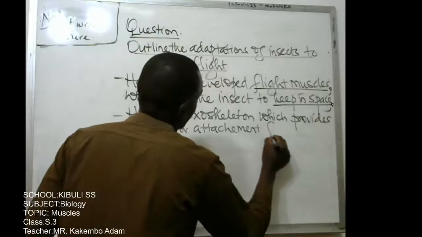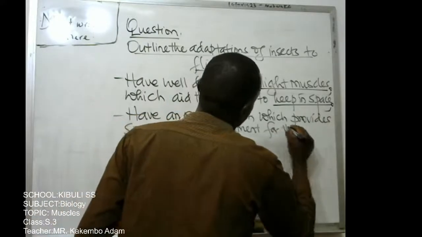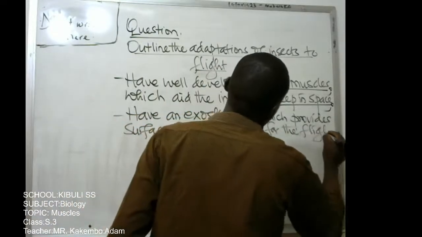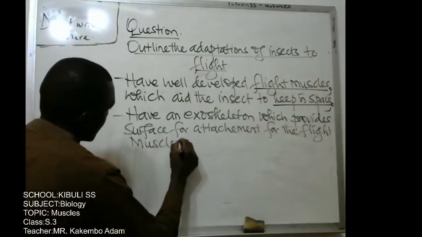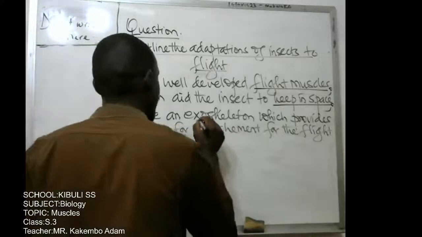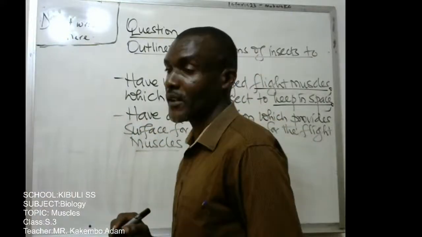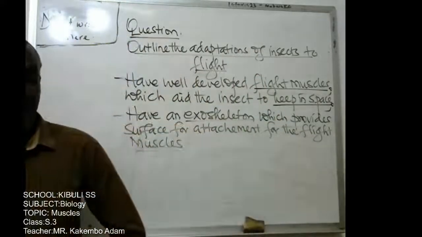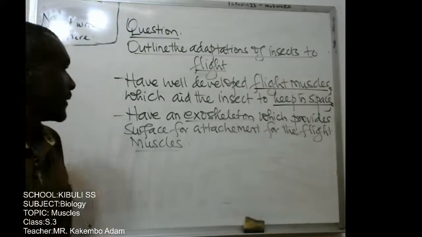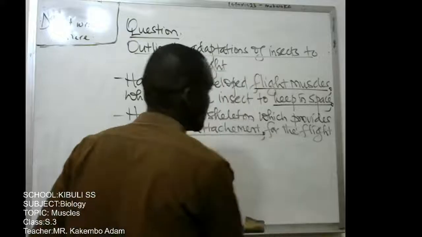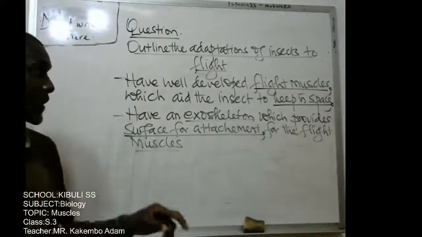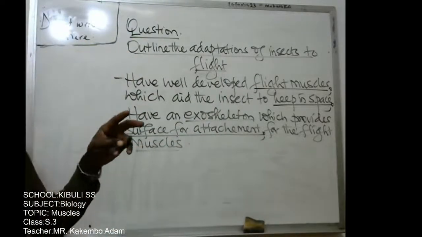The exoskeleton, we are talking about the tergum and the thoracic wall, provides surface for muscle attachment. That is a very important characteristic feature.